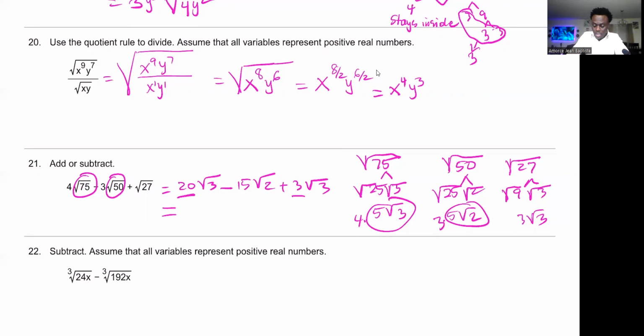So that is 23 square root of 3 minus 15 square root of 2, because we can't combine these two as being two different radicands. So that's going to be my answer.